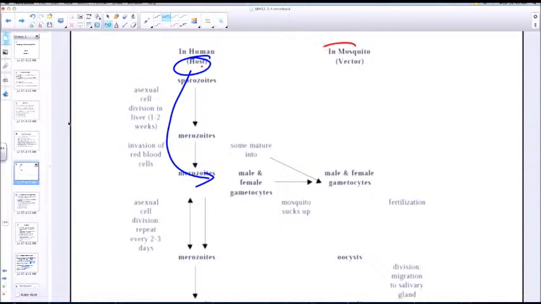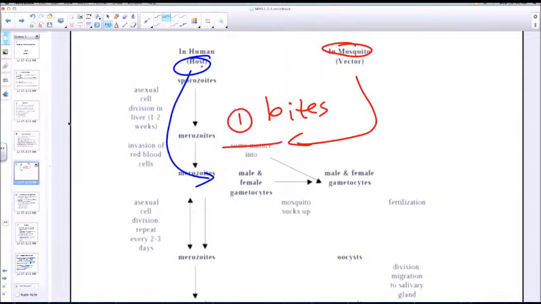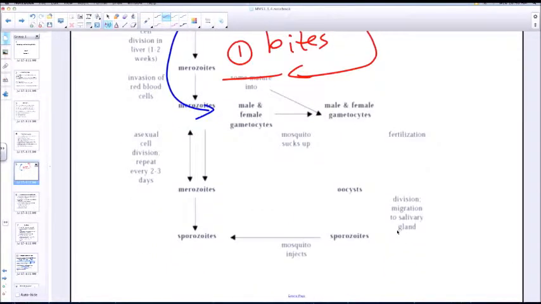Second, for the mosquito, it must have bitten the human. So the real connection is the mosquito bites the human host. With the first bite, you bite the host, and then the disease develops in the mosquito. The second bite is on an uninfected human.